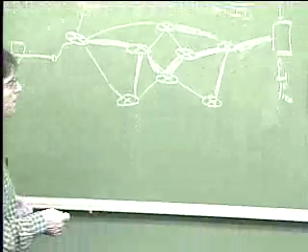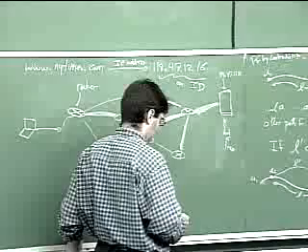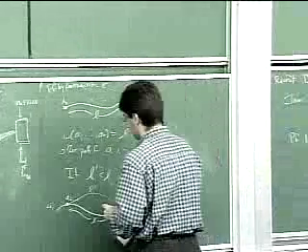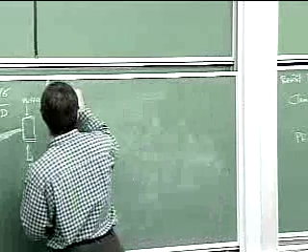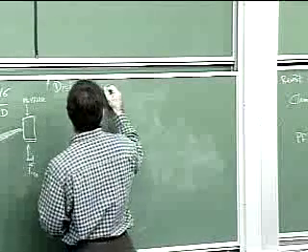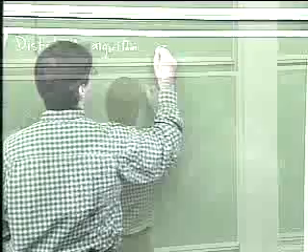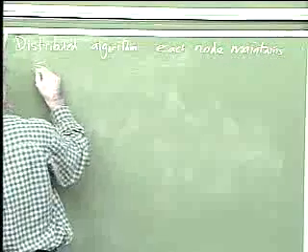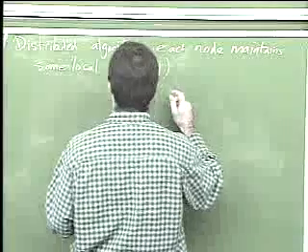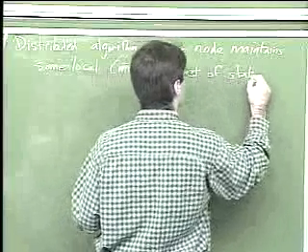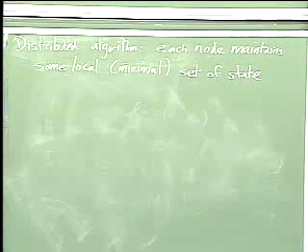So what we want is a distributed algorithm, where each node keeps some local, minimal state. And that leads us to the Bellman-Ford algorithm.